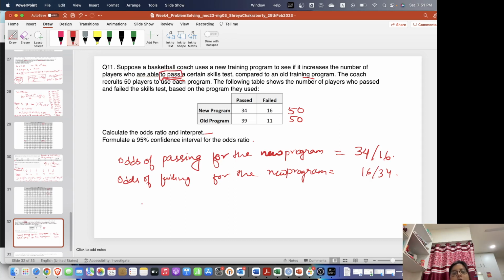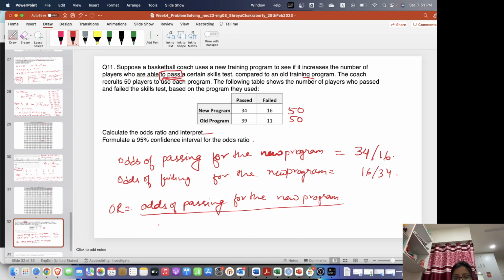Okay. So the odds ratio that we are trying to find out is odds of passing for the new program divided by odds of passing for the old program.